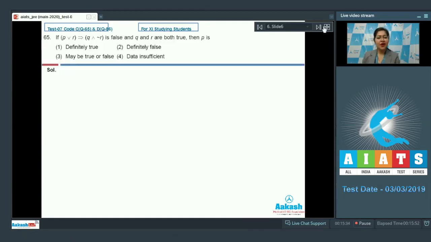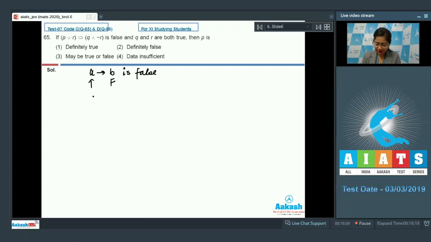Next is question number 65, which says that if P or R implying Q and negation R is false and Q and R are both true, then P is. Now we know that A implying B is false if A is true and B is false, right?